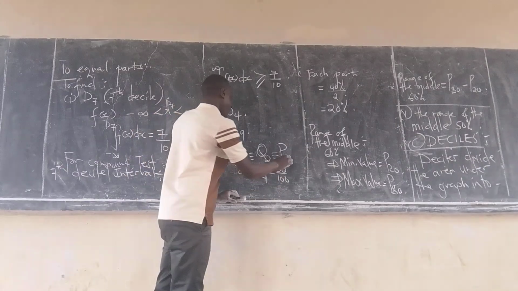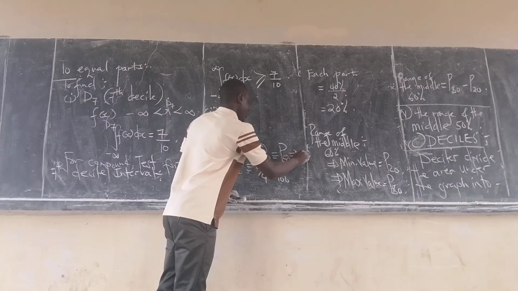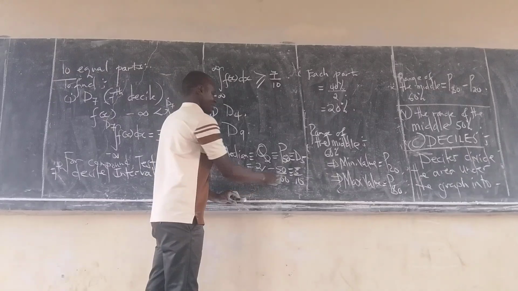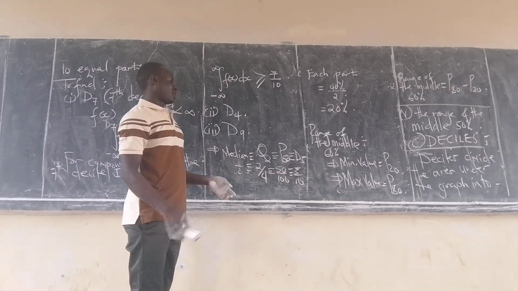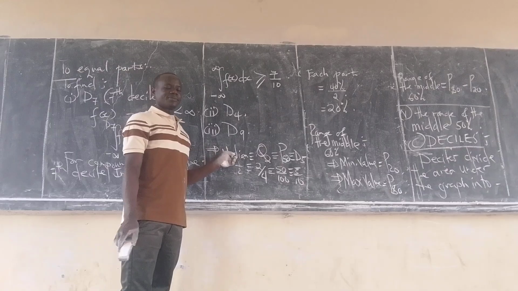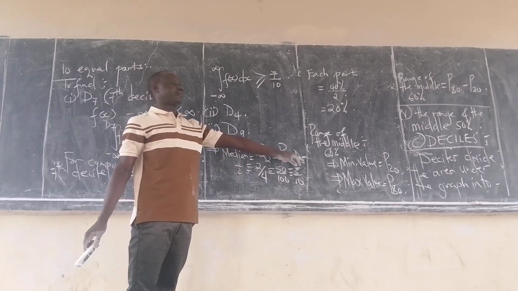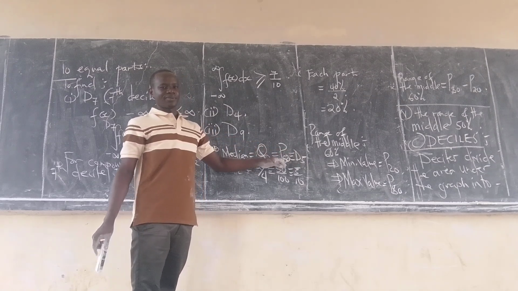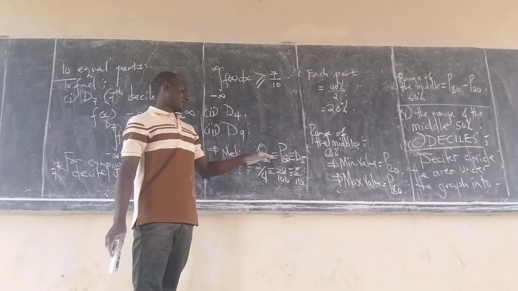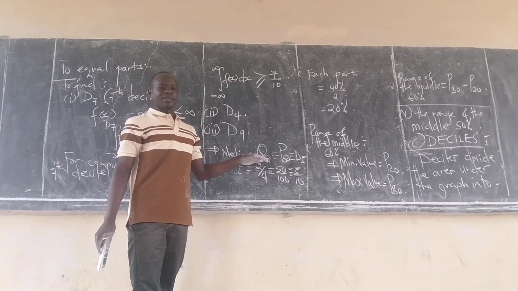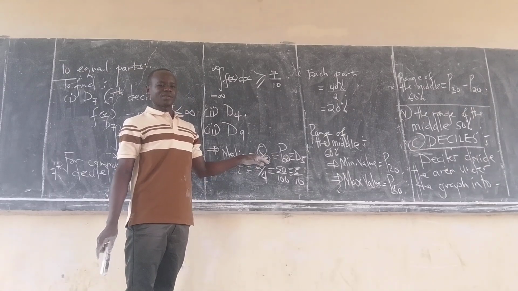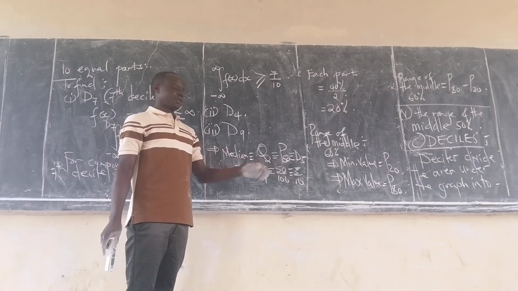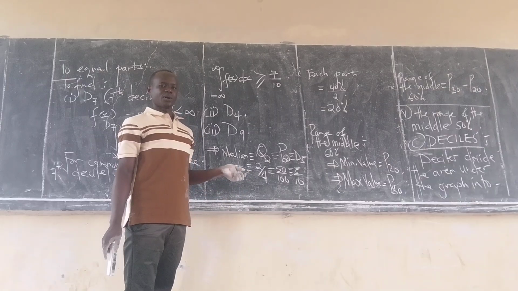Now if it is the 5th decile, which is D5, it becomes 5/10, which is a half. So generally, if they want you to calculate the median, it is as good as calculating the 5th decile, the 50th percentile, or the second quartile, because the probabilities that you are going to be equating to are all halves.